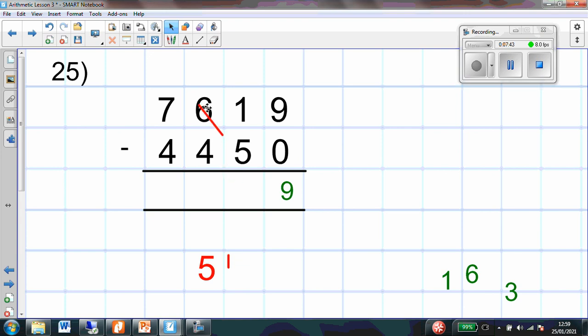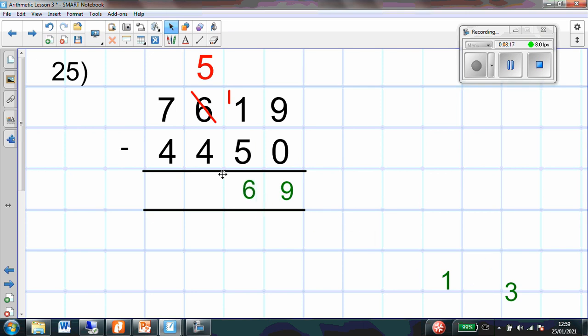I'm going to exchange one of my hundreds for 10 tens. Rather than 600 now, I have 500. And rather than 110, I've now got 11 tens. 11 tens, take away 5 tens. 11, 10, 9, 8, 7, 6.